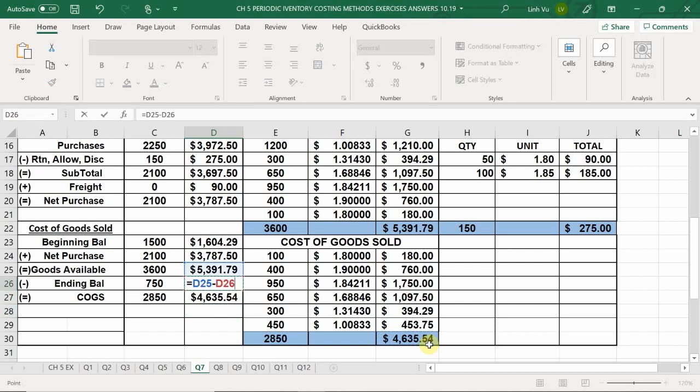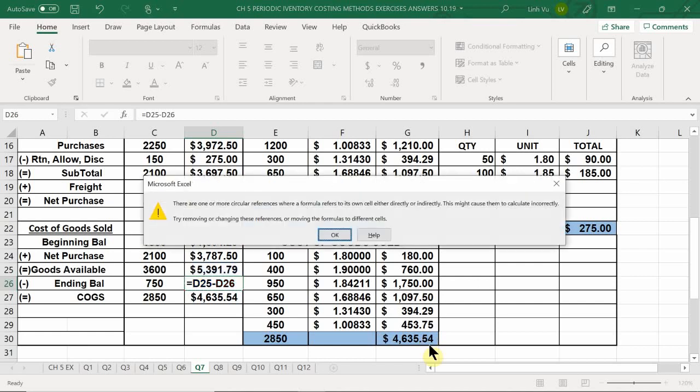So in this case, my ending inventory is going to be 756.25.